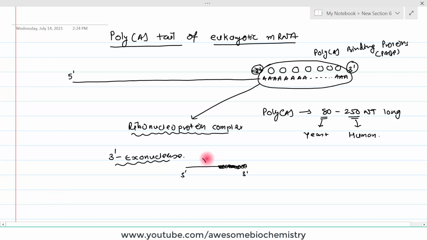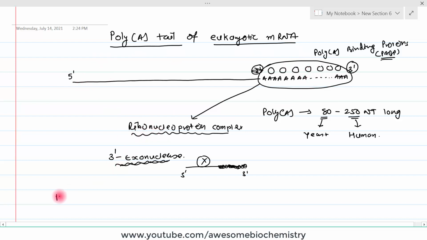Ultimately, this whole chain of nucleotides gets destroyed. But whenever something is in such a complex, especially with the PABP, the poly A binding protein complex, this 3' exonuclease cannot act on that. So, this poly A tail helps protect the mRNA.